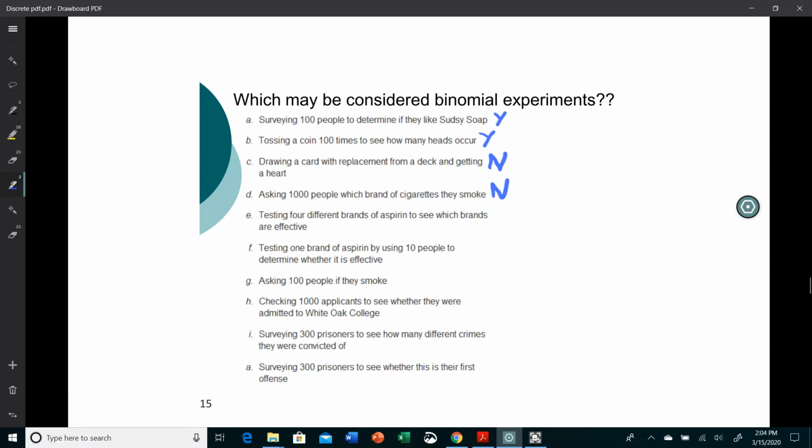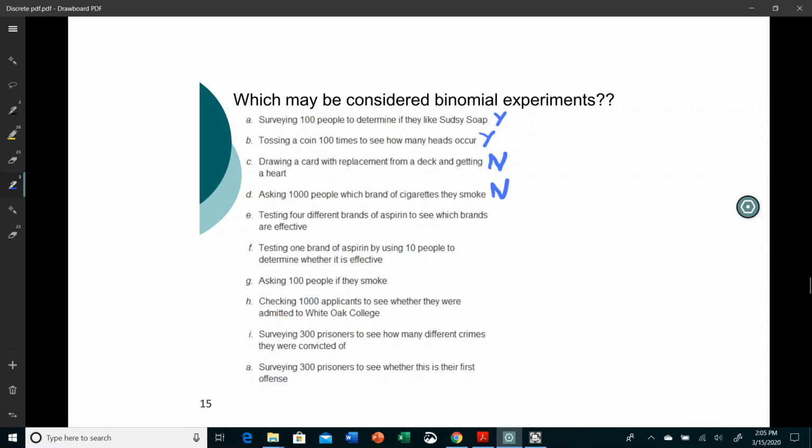Testing 4 brands of aspirin to see which brands are effective. Again, let's think. Which brands are effective? Okay, so can we say success or failure is effective or not effective? 4 brands, each brand constitutes a trial of the experiment. I'm starting to like this.